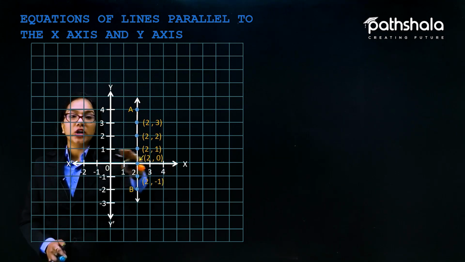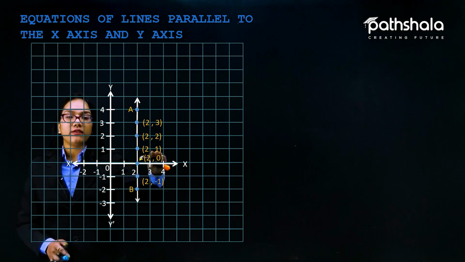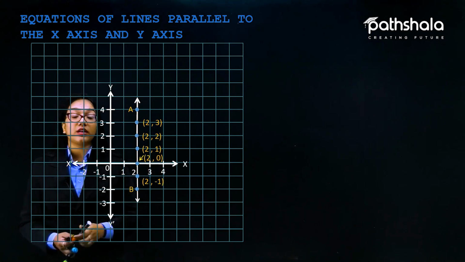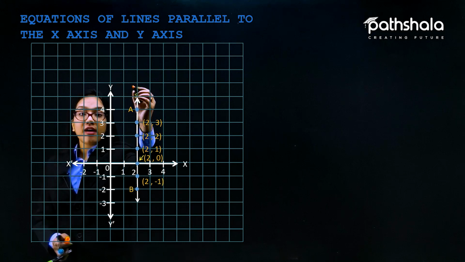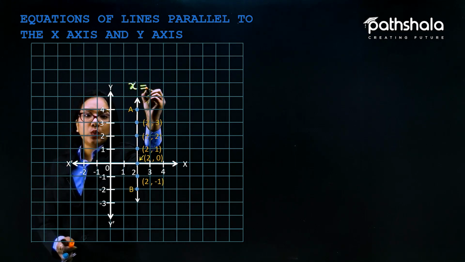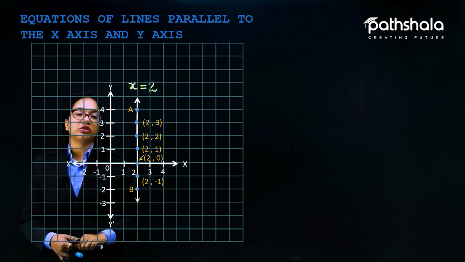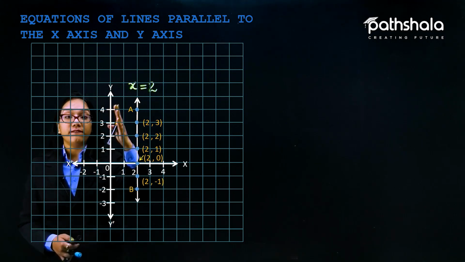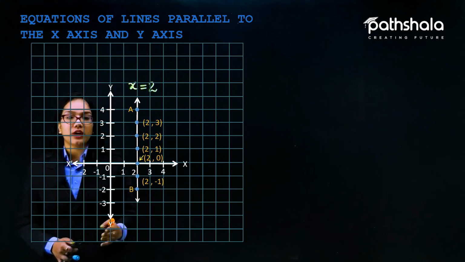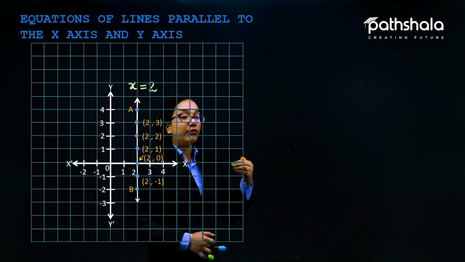As you can see over here, this is coming out to be parallel to the y-axis. So it means that the graph of x is equal to 2 is a straight line which is parallel to the y-axis.